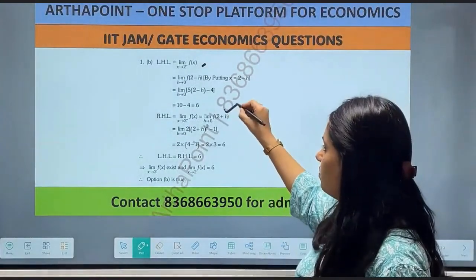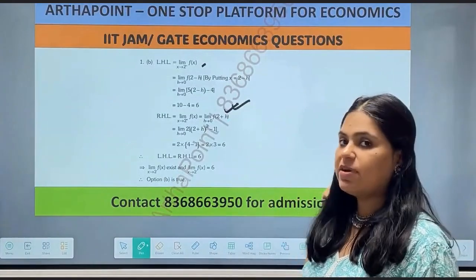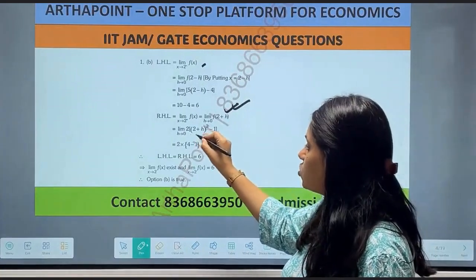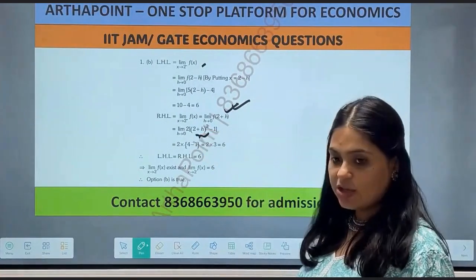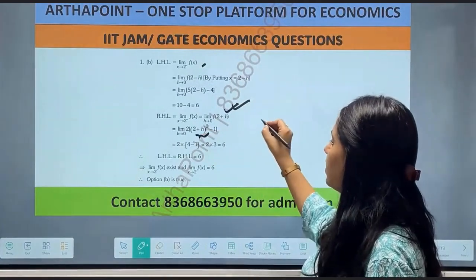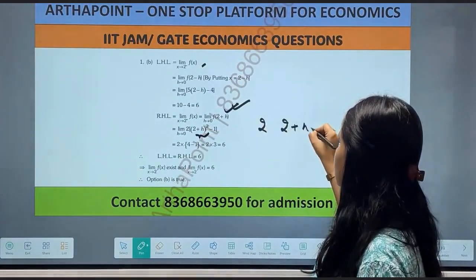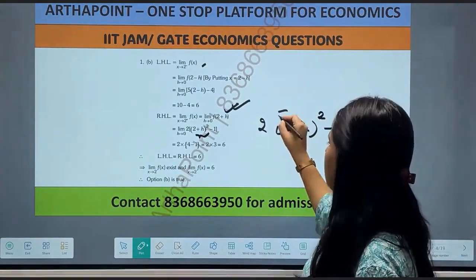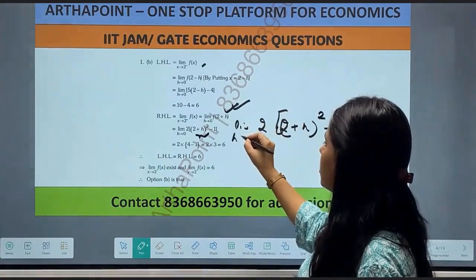So my value will be 2 plus h, and my function will be 2x square minus 1. So everywhere instead of x I will put 2 plus h. So what will I get, beta? I will get 2 times (2 plus h) whole square minus 1 and again limit h tends to 0.